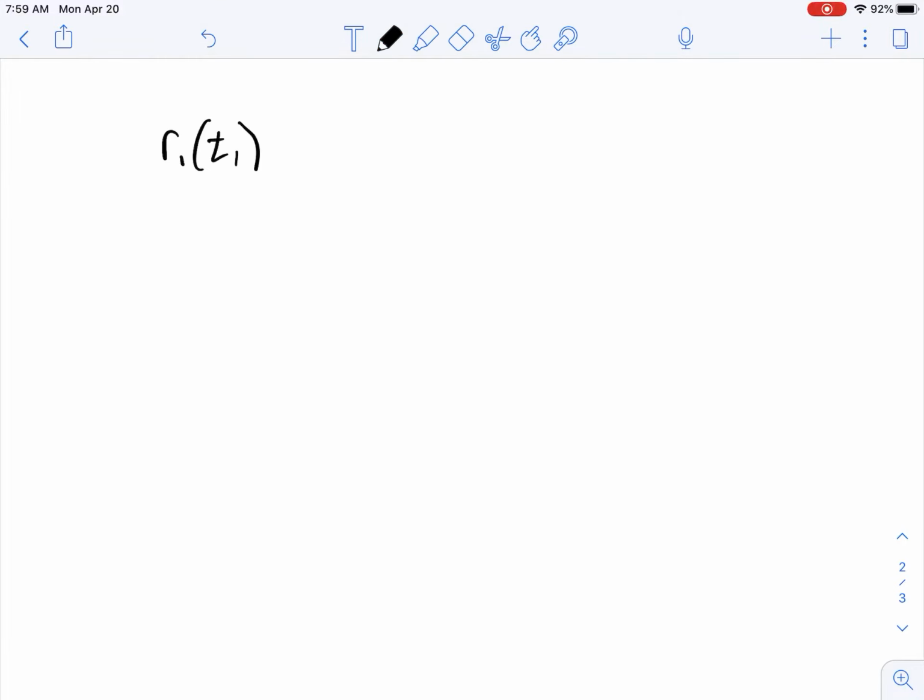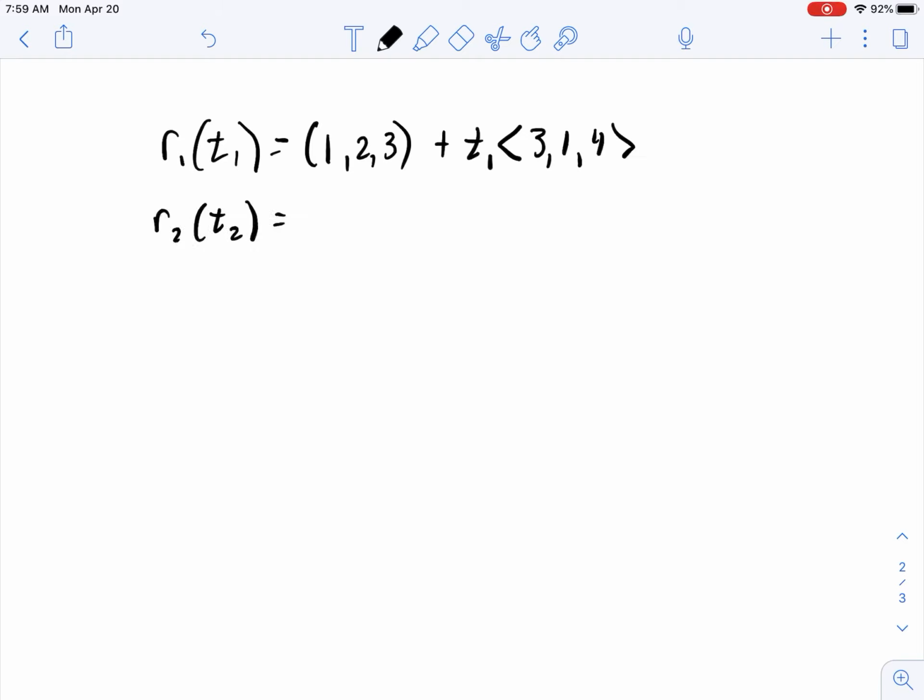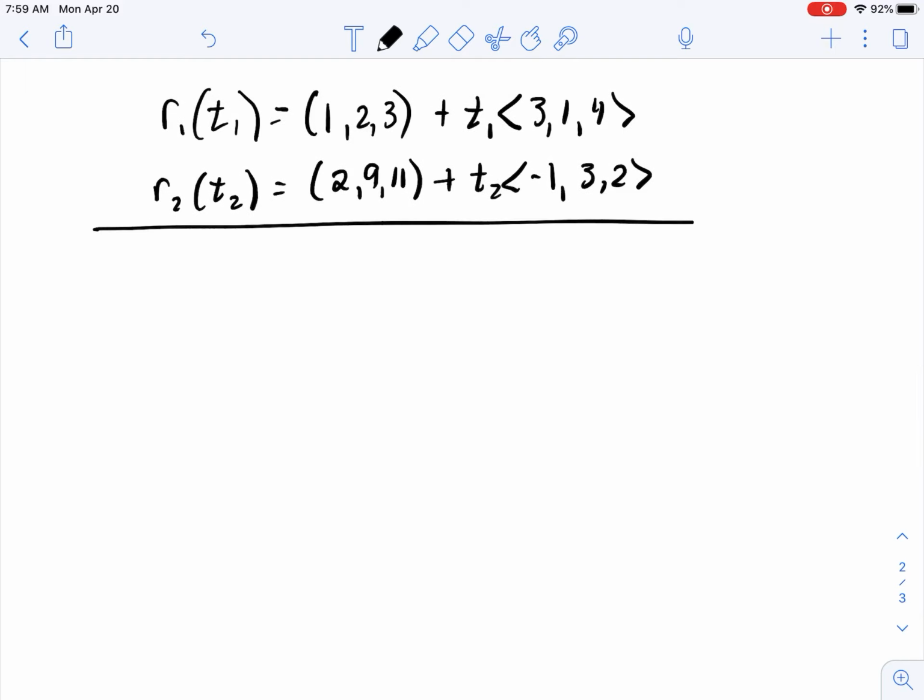So you have R1, so T1. So you have 1, 2, 3 plus T1 times 3, 1, 4. Then my second equation, so this would be T2. And my point is 2, 9, 11. And T2 would be negative 1, 3, 2. All right, so breaking it down into components.